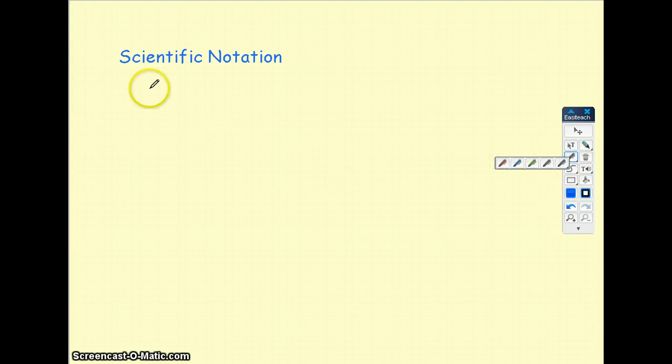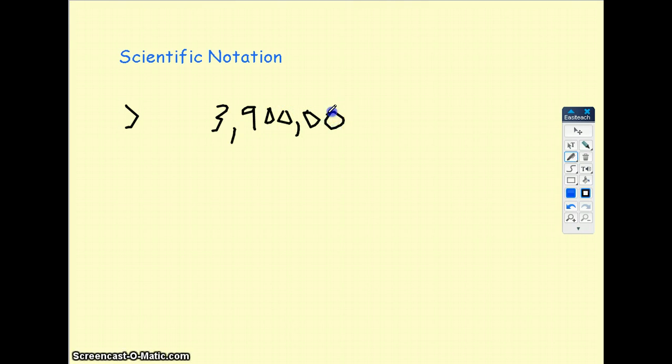Scientific notation is a way to write big numbers or really small numbers close to zero. So if I had a big number like 3,900,000, okay, I can rewrite that as 3.9 times 10.